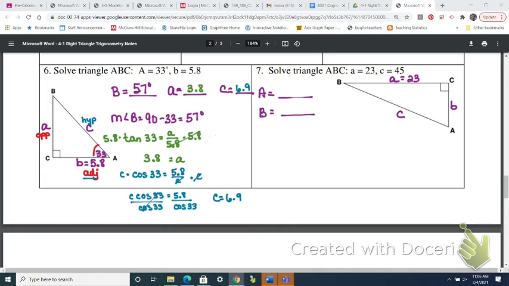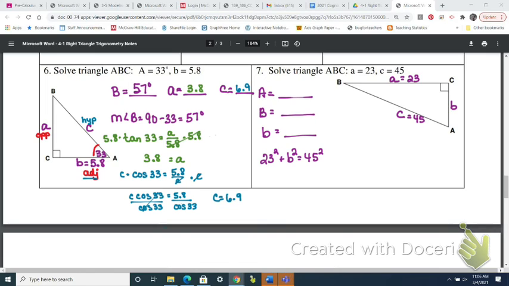Side C is 45, so the side I'm missing is B. So first thing I'm going to do is use Pythagorean theorem because I have two sides of a right triangle. I can use Pythagorean theorem to find side B. So it's 23 squared plus B squared equals 45 squared.